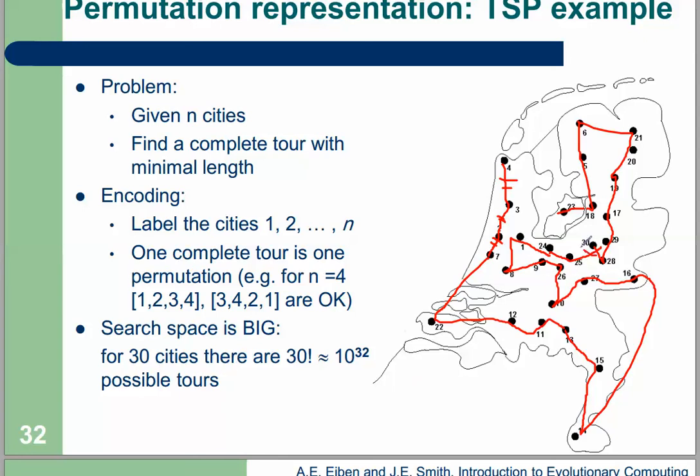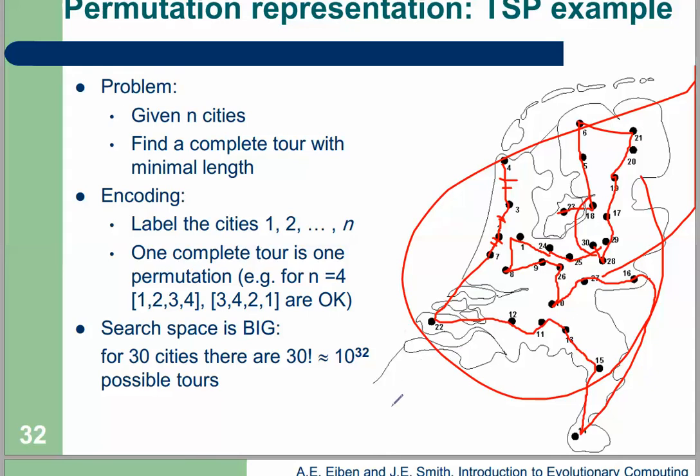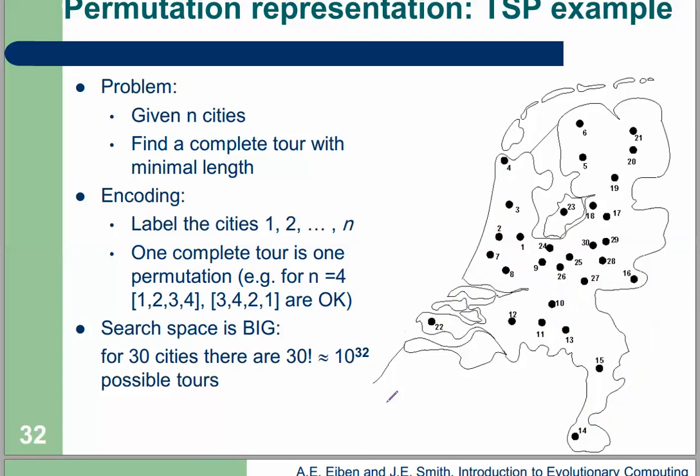With 30 locations, 30 factorial combinations of solutions exist. It is a very large solution space, and the aim of the EA algorithm is to find the best order of these locations that produces the minimum value of the summation of distances between these locations.